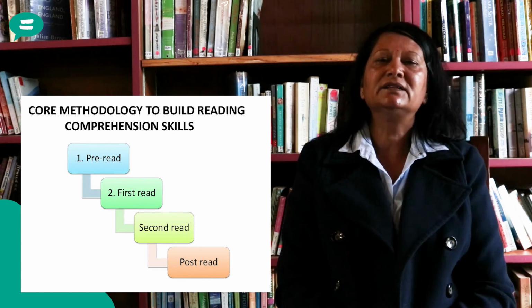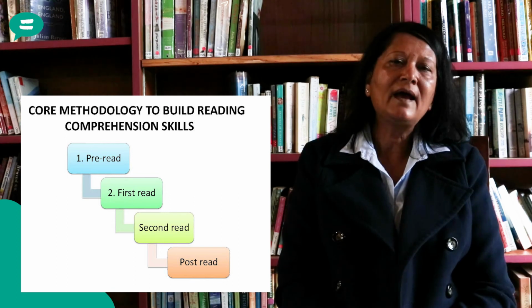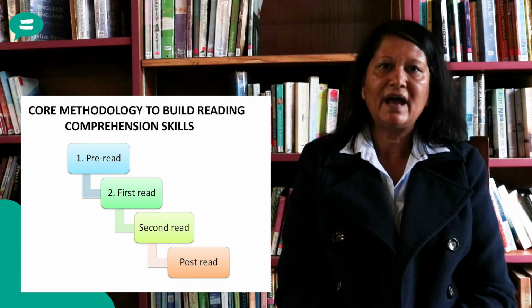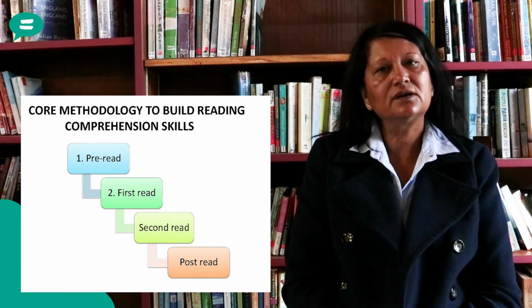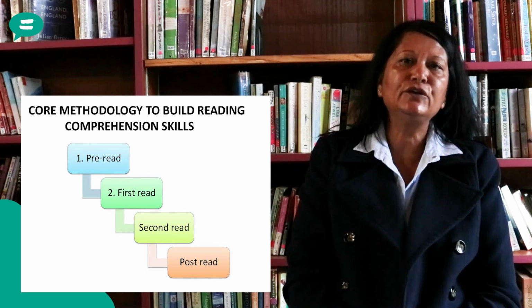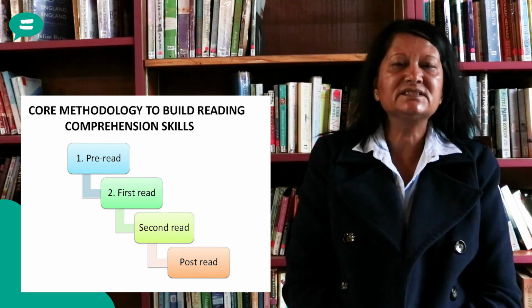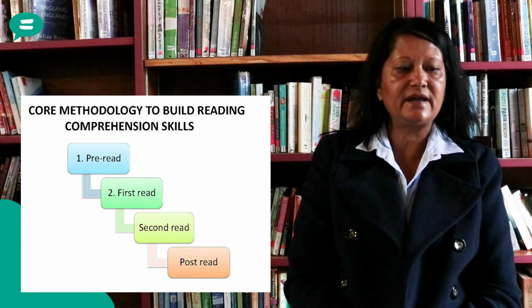Here, the children have the opportunity to turn and talk, and they practice the reading, modeling what the teacher has taught them. In the post-read, learners consolidate their understanding of the story and practice their new comprehension skills. For example, write a summary using a frame to capture their understanding.